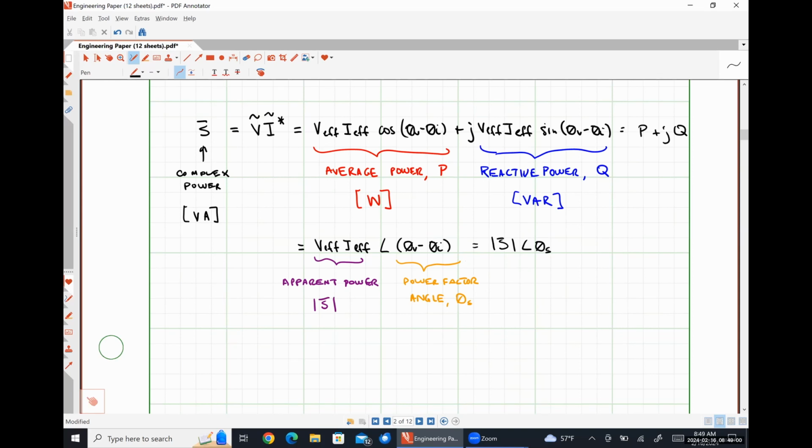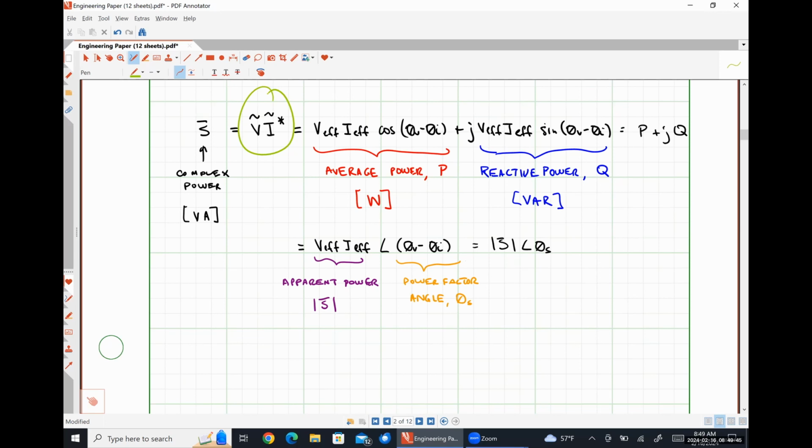So realistically here, buried inside this one operation, we have 4 different equations. I expect you to memorize none of them. Let me explain what I mean. If you can remember what each of these parts represents, as long as you can perform this operation, multiplying a voltage and a current, you have everything. If you tell your calculator to output rectangular form, you have average power and reactive power.